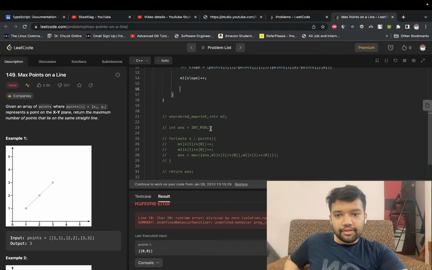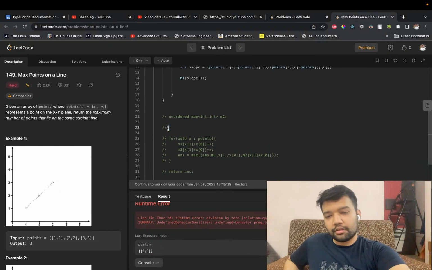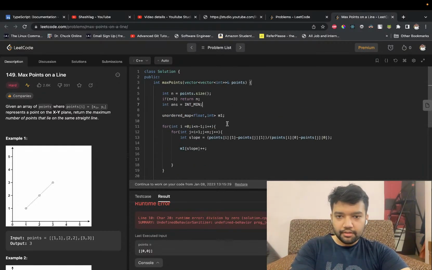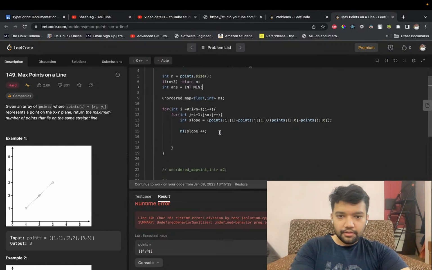Okay, and so I had a variable now. This was the max of answer, comma, m1 of slope.